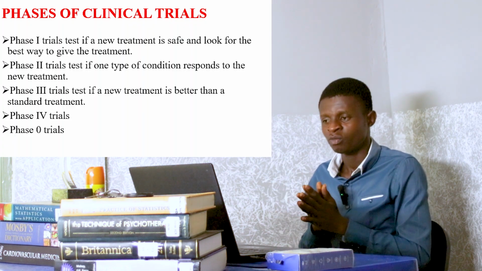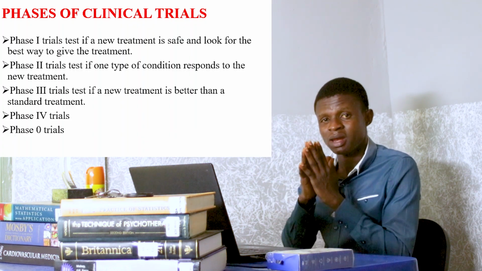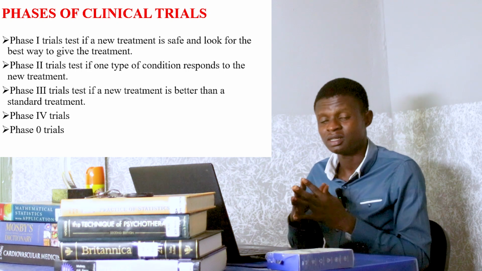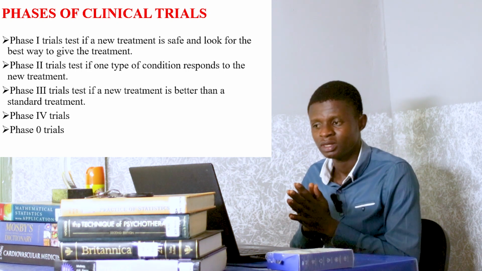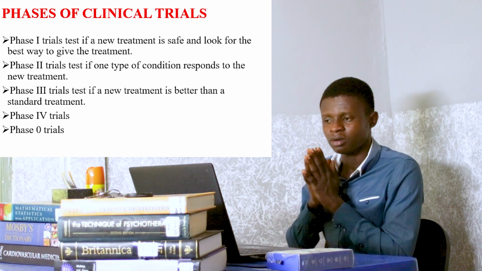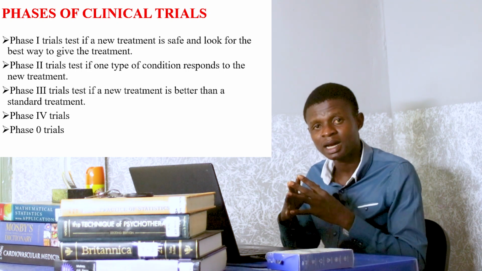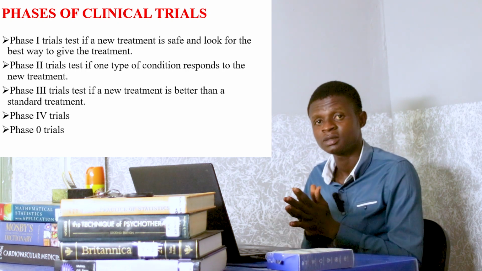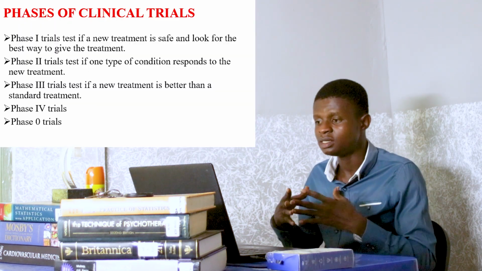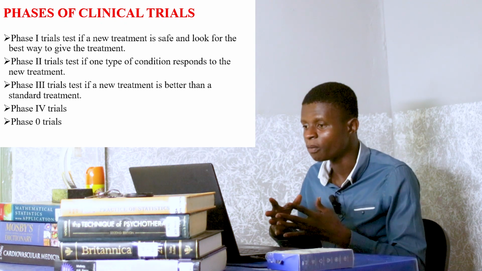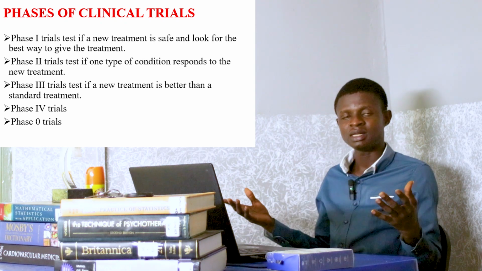So these are the phases in clinical trial. The most common phases in clinical trials are three. That is phase 1, phase 2, and then phase 3. These are the common phases in clinical trials. So phase 1 is done to see if a new treatment is safe, and also look for the best way of giving that treatment.